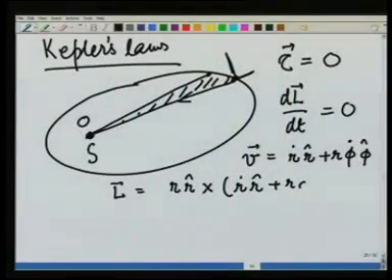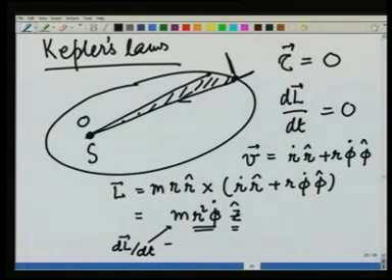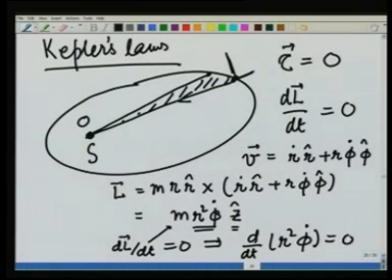V is r dot r plus r phi dot phi times m, which is equal to, r cross r is 0, m r square phi dot in z direction. m is a given mass for a given particle, r and phi dot keep changing, z is a fixed vector. So, therefore, dL/dt equal to 0 implies that d over dt of r square phi dot is equal to 0.